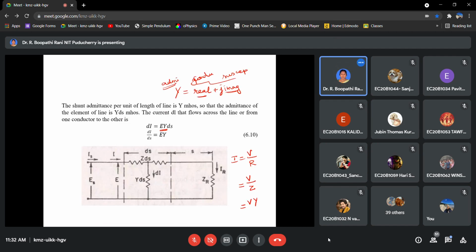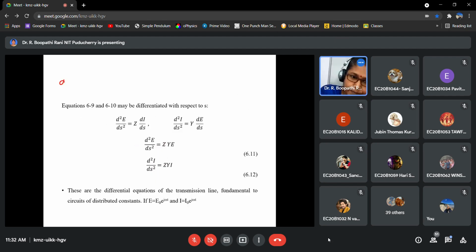Here Z is constant, so the only differentiable quantity is I, so di by ds.